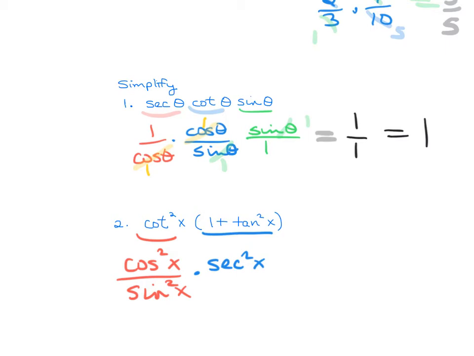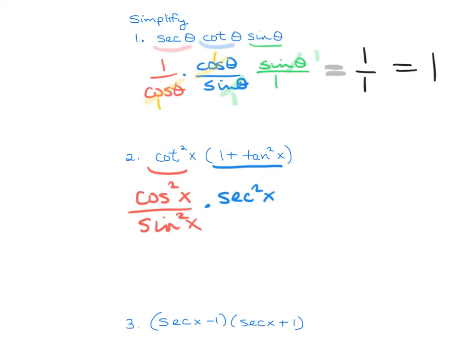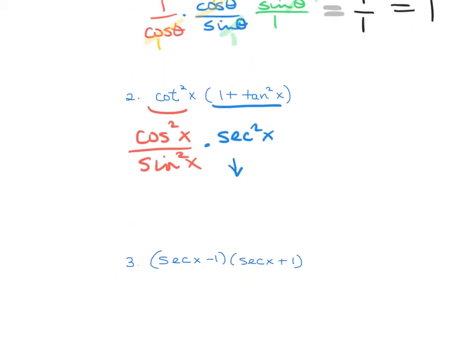Again, I don't want any fractions, so I can actually change my secant squared x to its reciprocal. So I'm going to change this into 1 over cosine squared x. Let me rewrite the red, because now I have something diagonal from it that it's going to cancel.